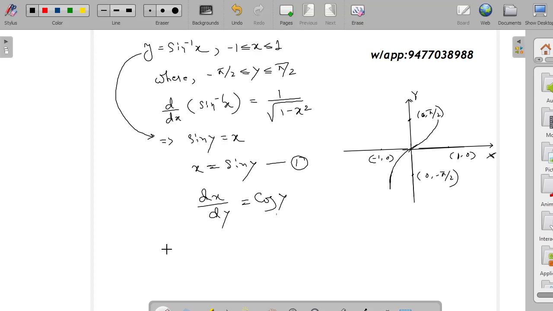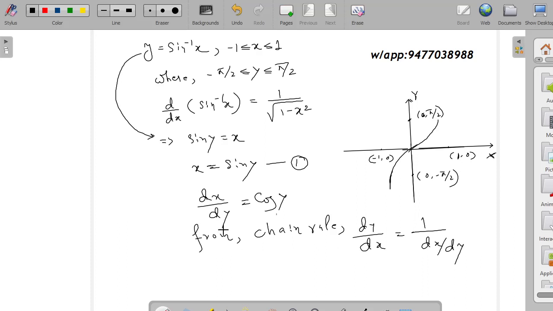Now from the chain rule we have dy/dx is equivalent to 1 over dx/dy, that we know from the chain rule.